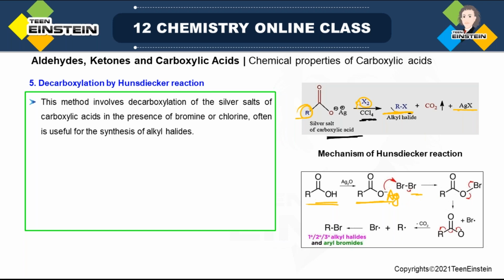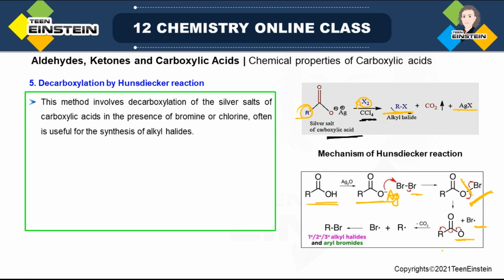What is the reaction occurring here? Ag and Br together will be removed in the form of AgBr, and an O-Br bond is formed. Now if this bond undergoes homolysis, that means a single odd electron will be over oxygen and also over bromine. So this is not heterolysis, this is homolysis. That is why these arrows are single-headed arrows.